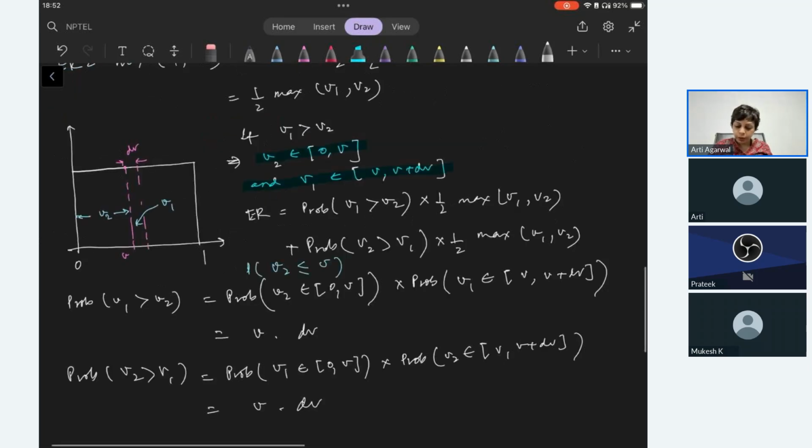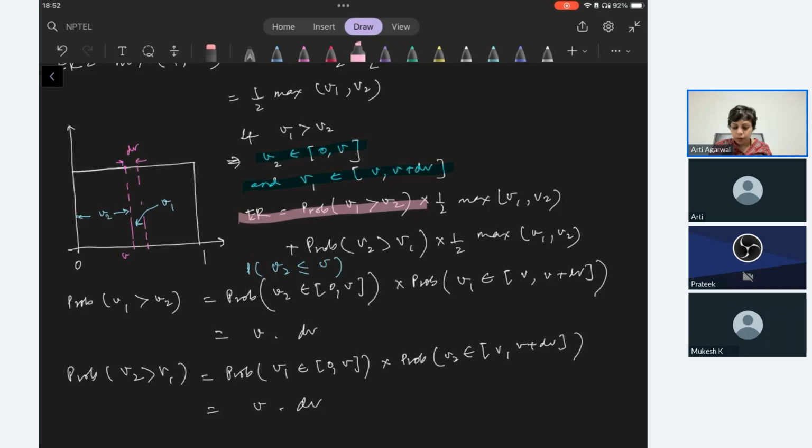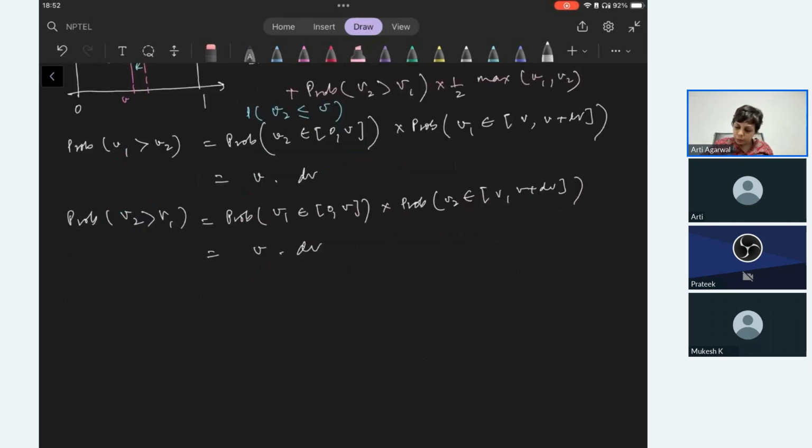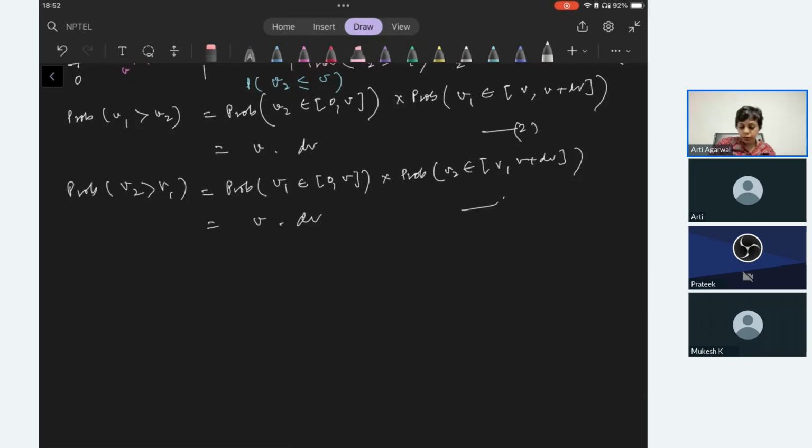Let's go back to this expression. What is the expected revenue? This is the expected revenue: probability of V1 greater than V2 into half max, plus probability of V2 greater than V1 into half max. Right? Let me name this as equation 1. This is 2. This is 3.